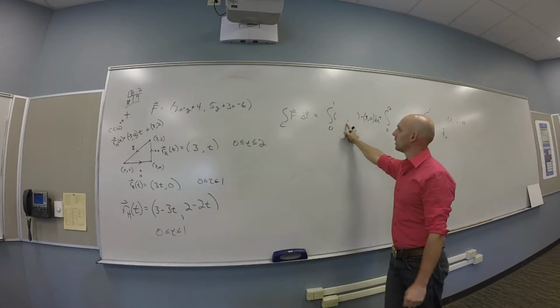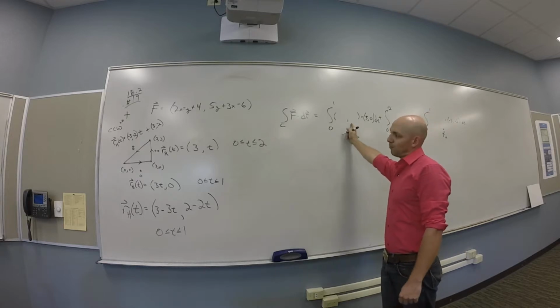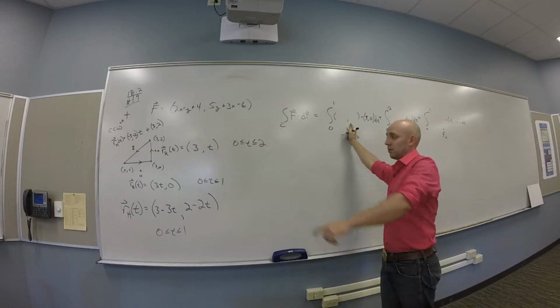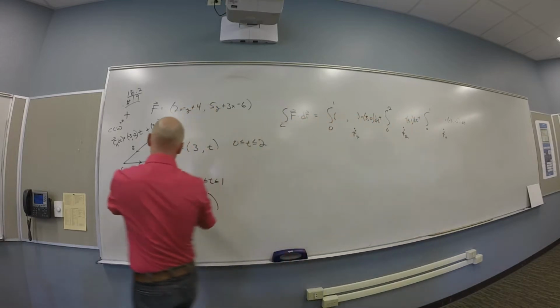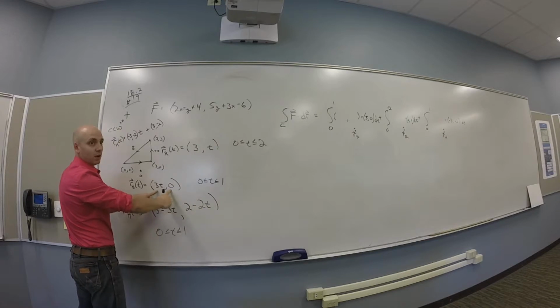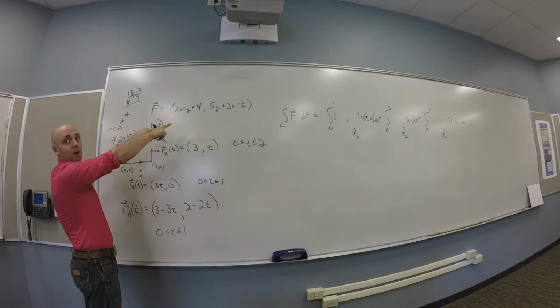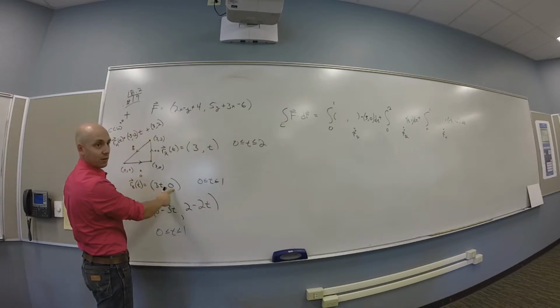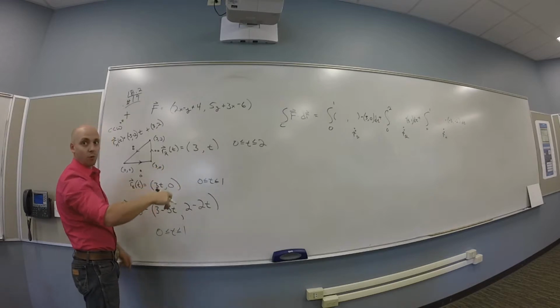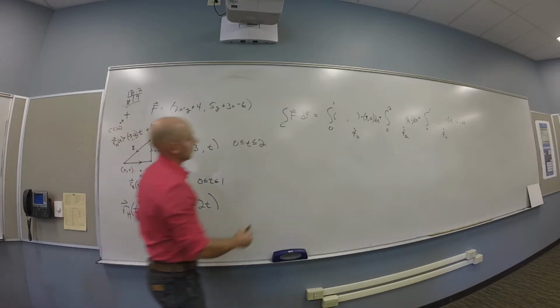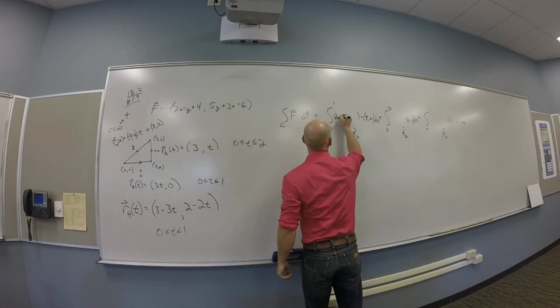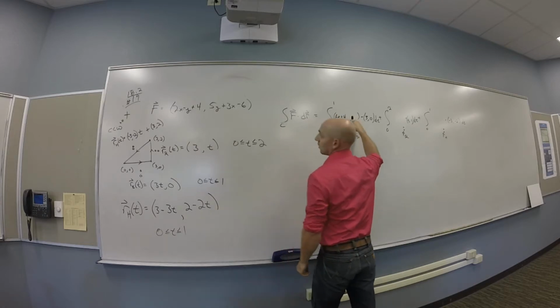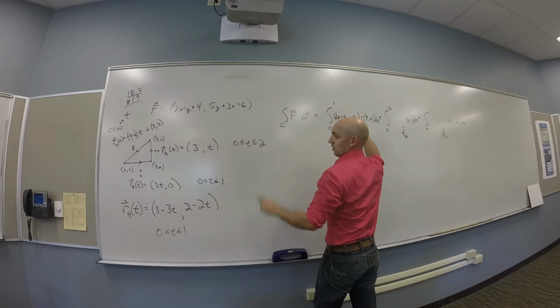Okay, now what's F evaluated at r_b? r_b is (3t, 0), so I'm plugging it into your vector field F. On this one the y's are 0, so I can ignore the y's. I got 6t plus 4, comma, 9t minus 6.